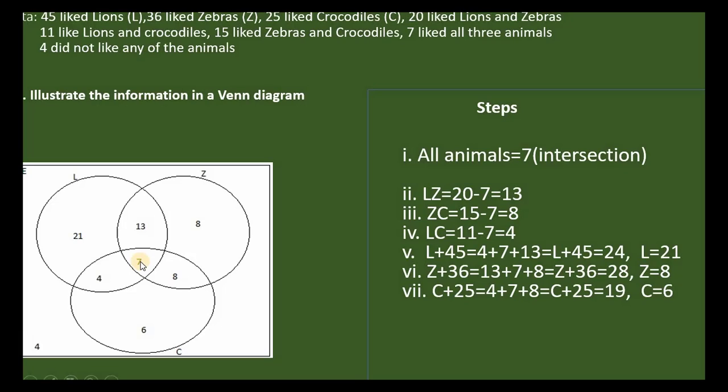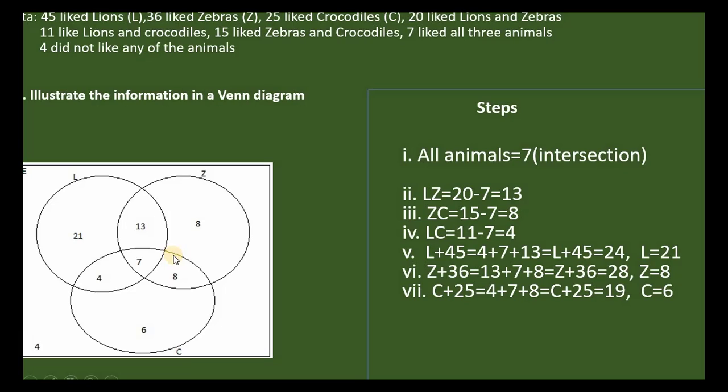And those who watched lions and zebras only, these are the ones here, the 13. What we do is, for us to find these, we just subtract 7 from the number that we have for lions and zebras, which is 20. So we found 13. So this is the 13 here.